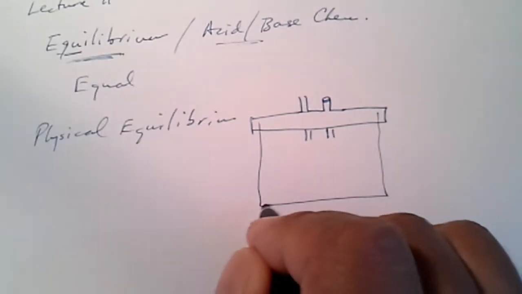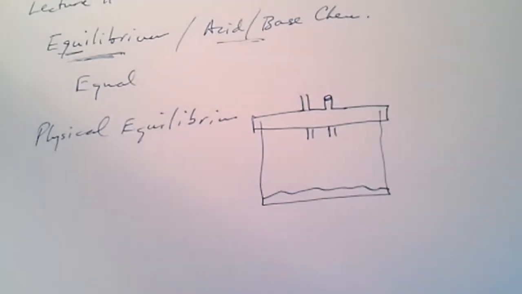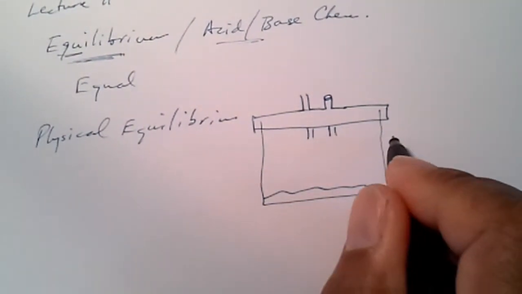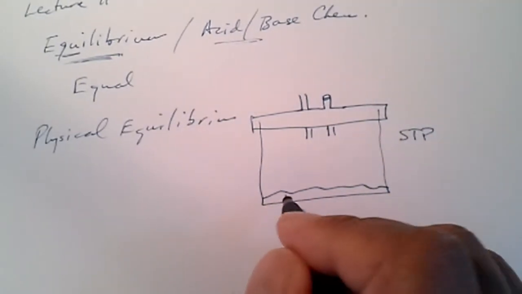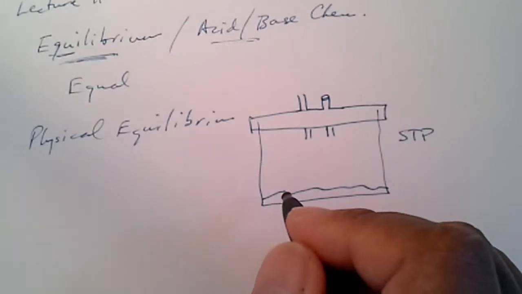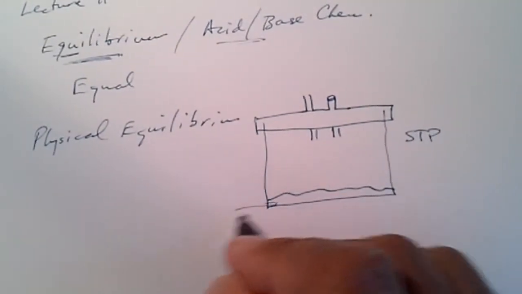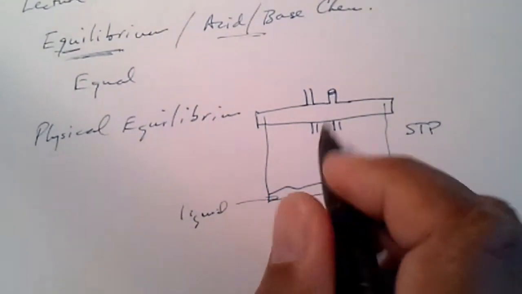So in this vessel we have a solution, water, and at standard temperature and pressure, we're going to allow an equilibrium to take place between the water, or the liquid, and the space above it.